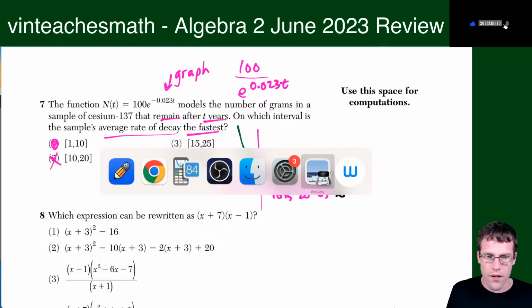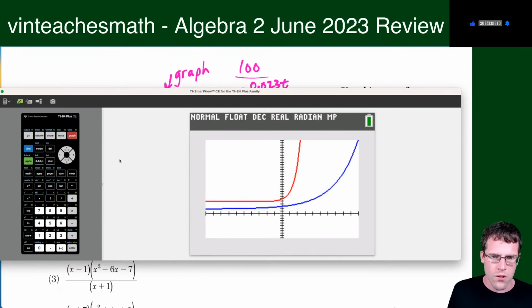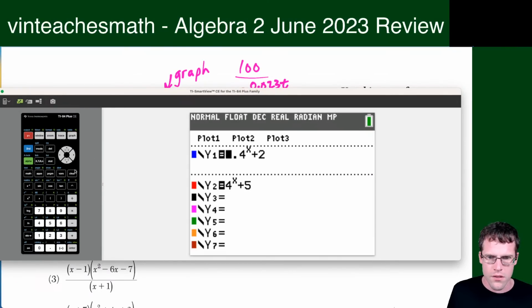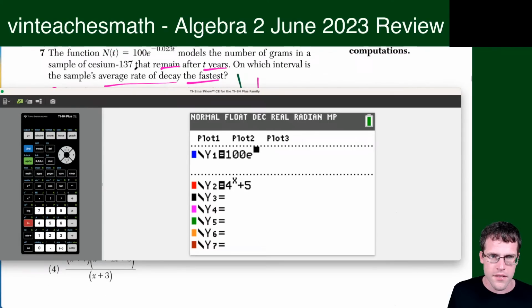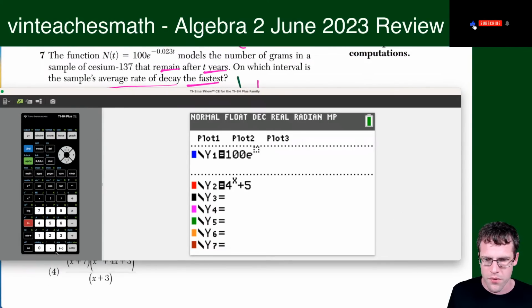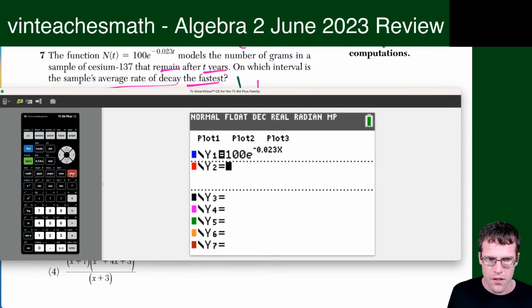If you're wondering how I graphed that without a calculator, all I'm doing is 100, then e is second, so second ln, and it's e to the negative 0.023, and we tack on the variable like this.